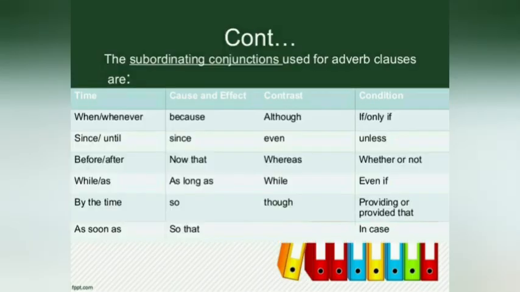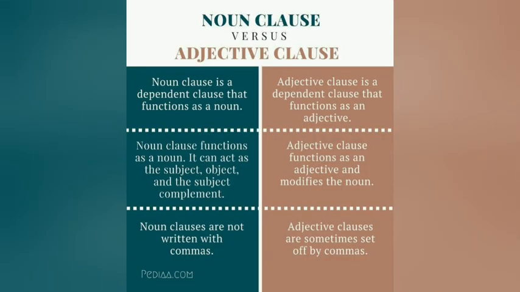To show purpose also we can use so that. If, unless, provided that to show condition; although, even if, even though can be used to show contrast; as if we can use to show manner; and as, so and so as to show comparison.